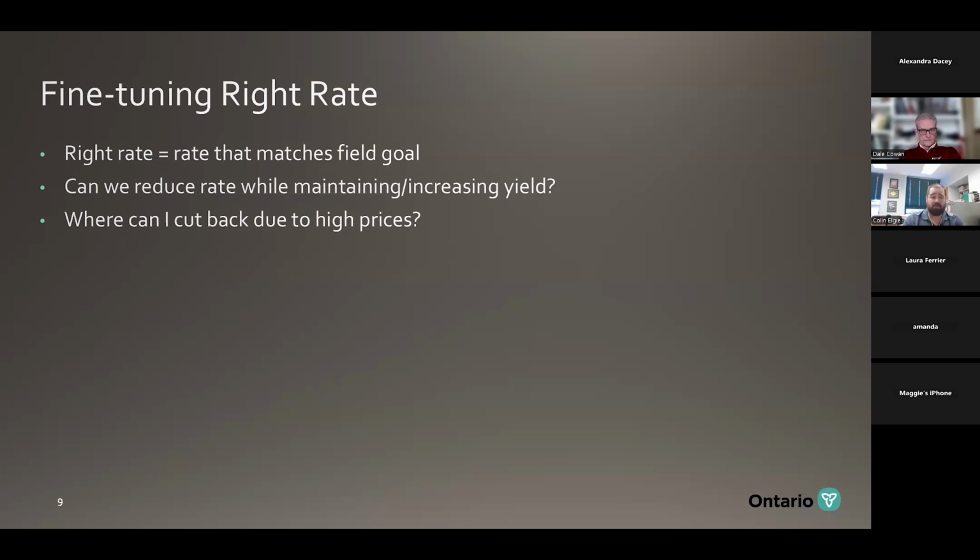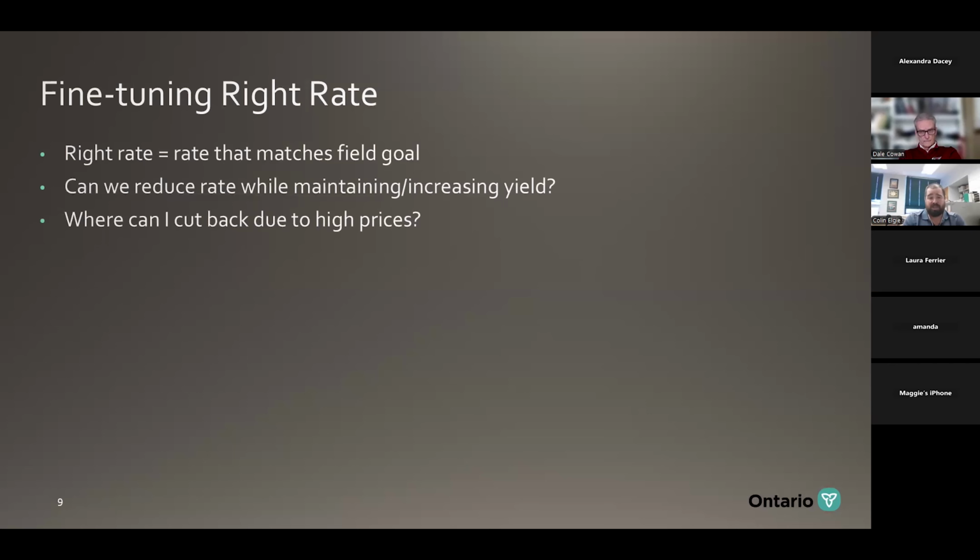If we've got an off-farm job and maybe don't have the time to spoon feed with many operations throughout the year, what can we do to better increase the efficiency of the fertilizer? And can we reduce the rate we're applying while still maintaining or increasing the yield? That's really the ultimate goal: apply less inputs to get a better output.